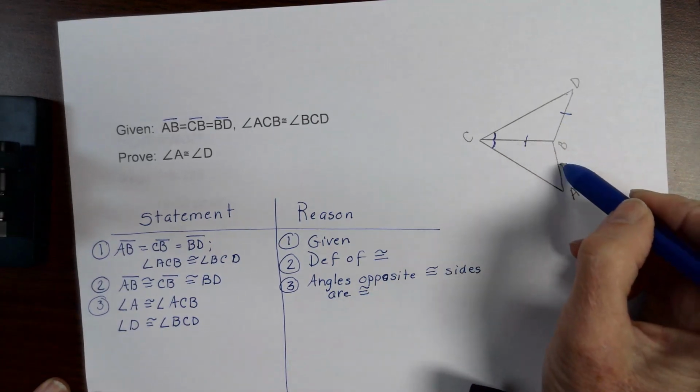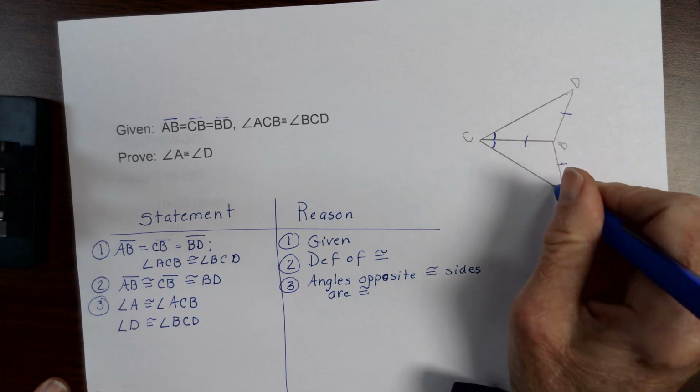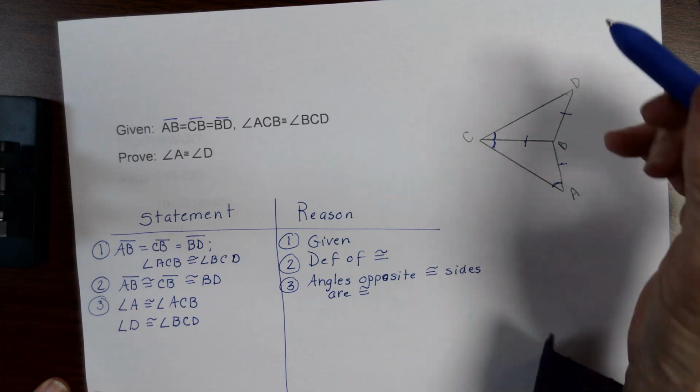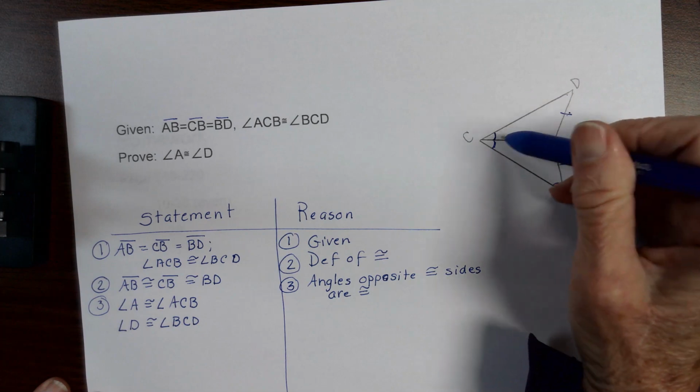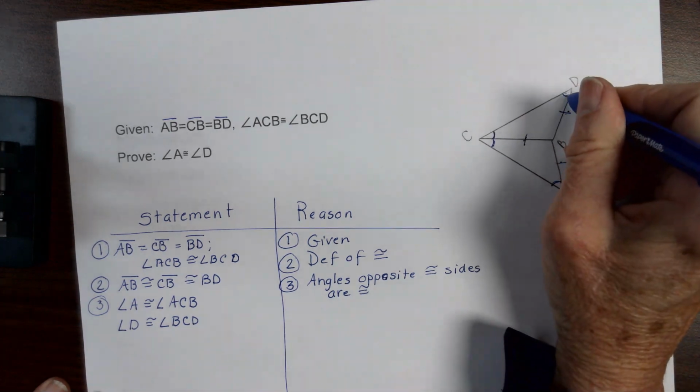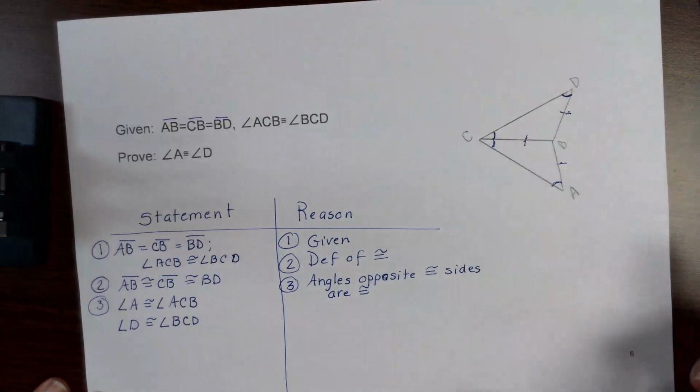That side and that side are congruent, so this angle and that angle have to be congruent. This and this are congruent, so that angle and this angle have to be congruent.